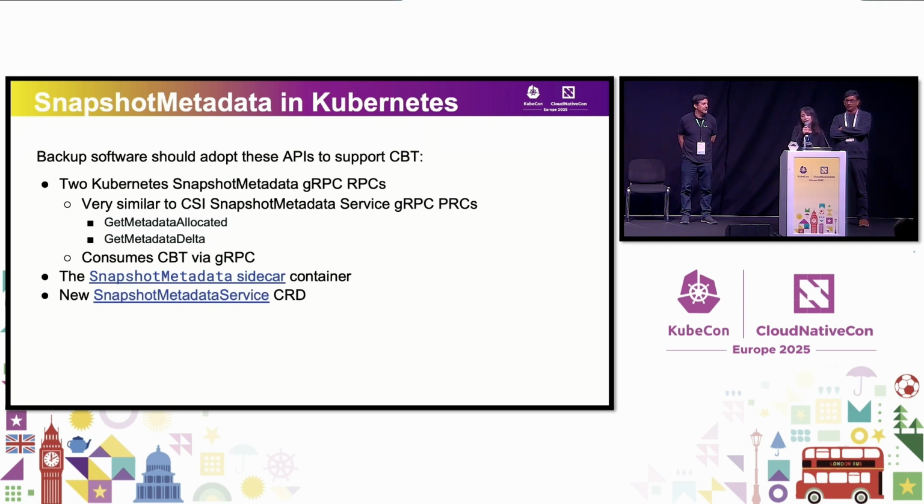It contains information on how to connect to the gRPC service. A CSI driver creates this CR to advertise that the gRPC service is deployed together with the CSI driver. And the backup software will be fetching the CR and trying to connect to the snapshot metadata sidecar, the gRPC service.